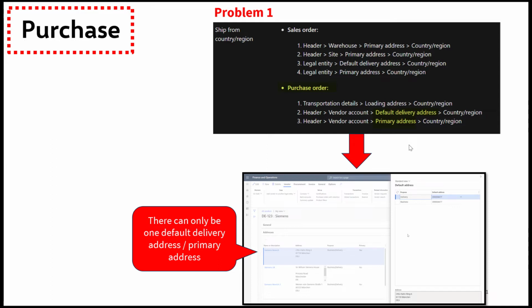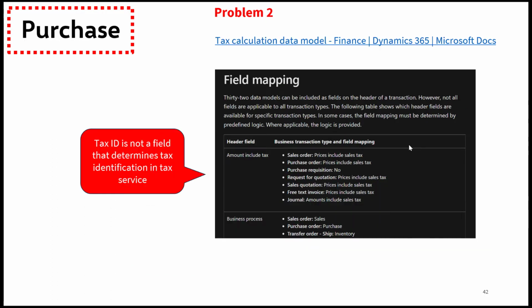So that's a problem. The other problem is that the tax ID, which identifies whether you have a tax registration in Germany, Italy, France, Belgium, wherever, is not part of the determination of the tax in the new tax service. The product team is working on that, but at the time of recording this video, it's not part of that.